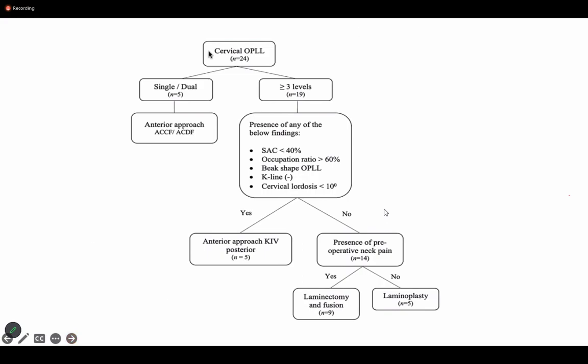For this study, with cervical OPLL involving single or double levels, they use the anterior approach, with more than 3 levels, depending on some numbers here, the patient can use the anterior approach or the posterior approach with laminectomy and fusion, and laminoplasty.